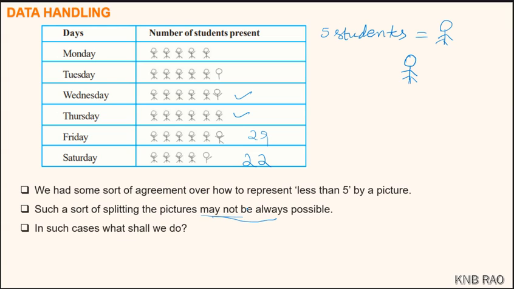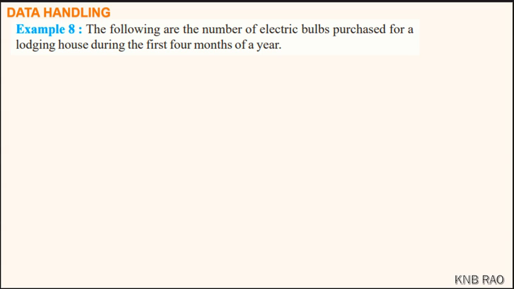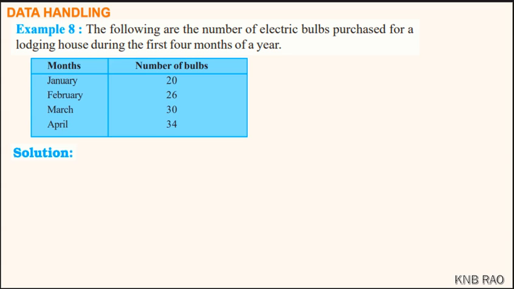In such cases, what can we do? I will give you an example. Here example number 8 I am taking, where the following are the number of electric bulbs purchased for a lodging house, a lodge, during the first 4 months of a year, that is January, February, March and April.